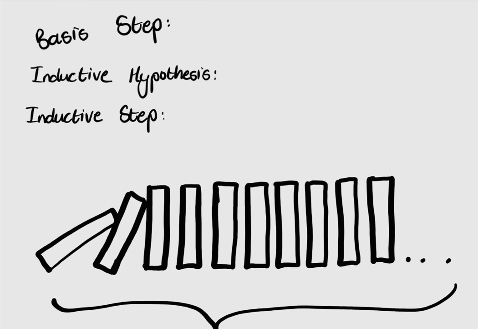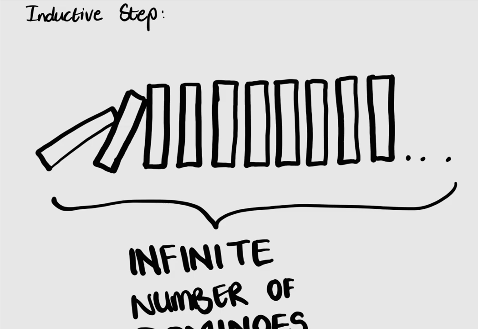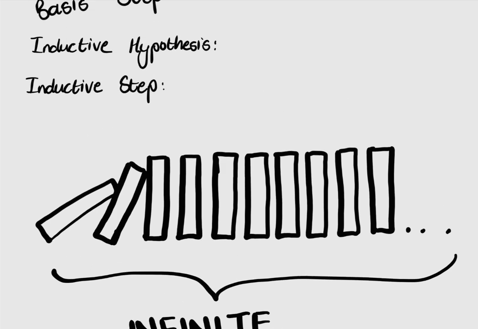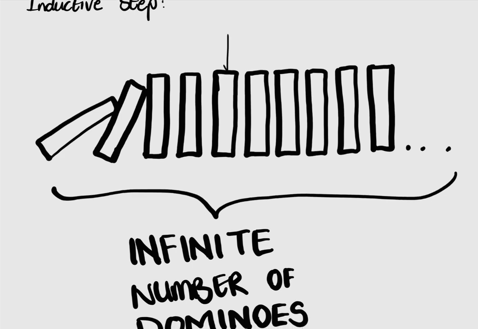The part where you tip the first domino over is called the basis step. It's the one in which you show that the first one tips over. Then next, you choose some random domino, let's call it K, and you want to prove that for any domino K, the next domino, K plus 1, will also fall over if K falls over.